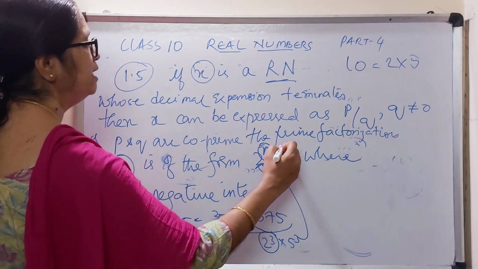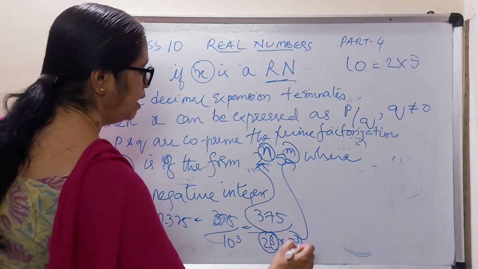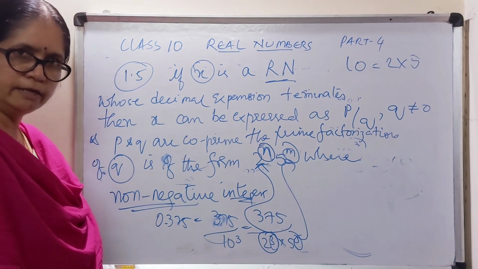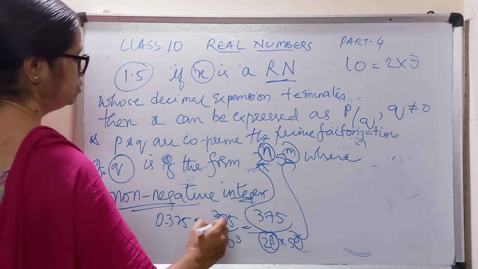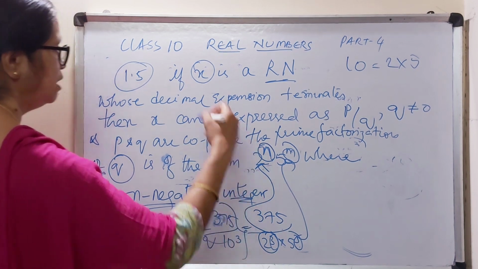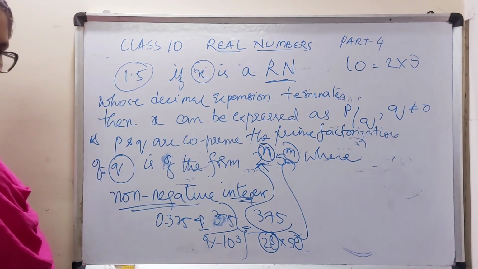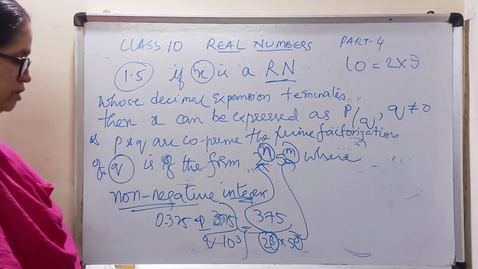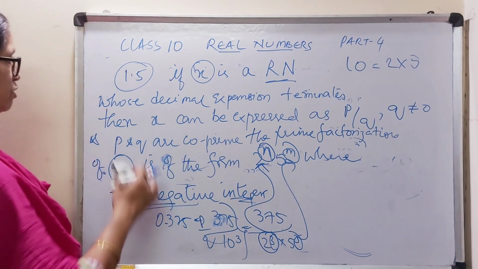So what are these n and m? n and m are non-negative integers, and this is of the form p by q. So this is how you can express a terminating decimal expansion.